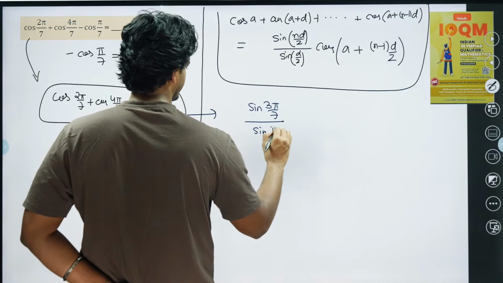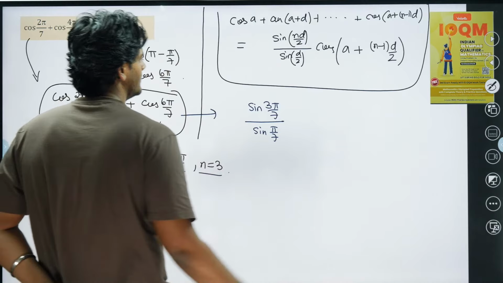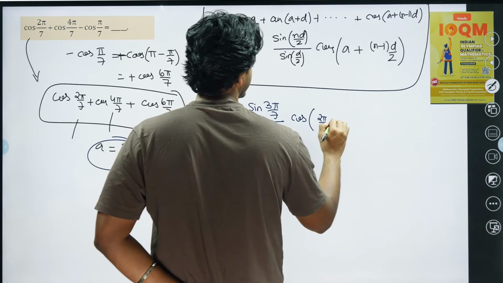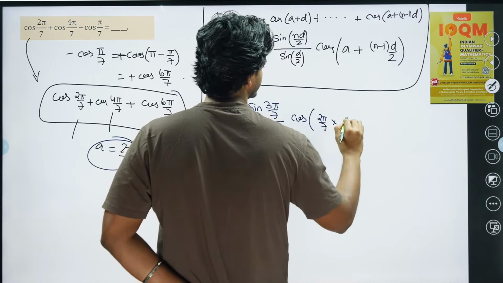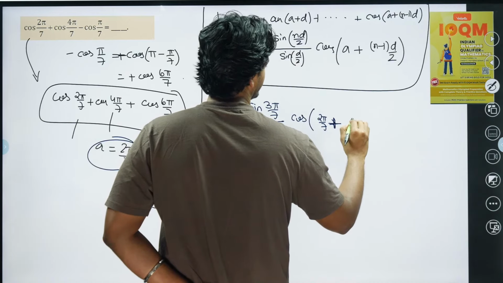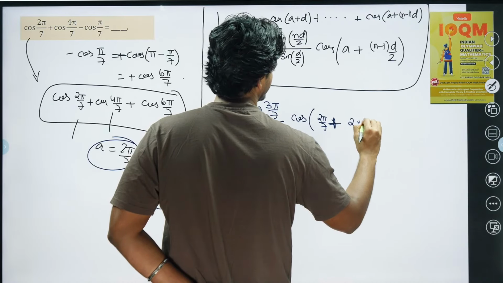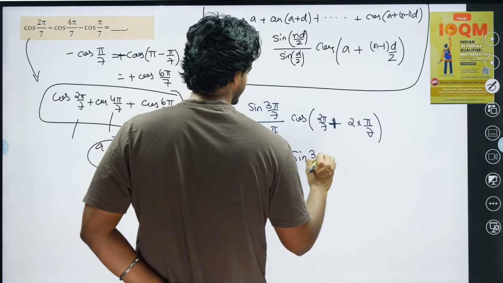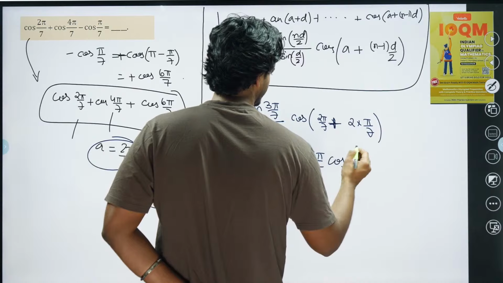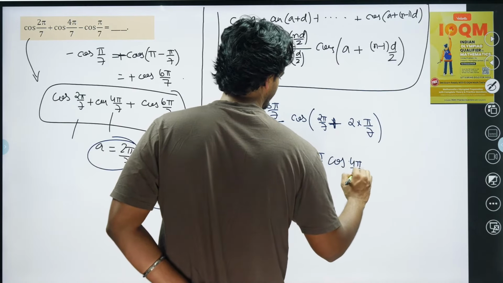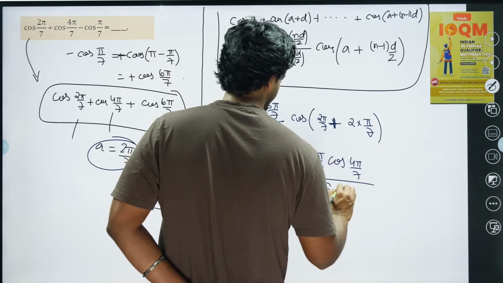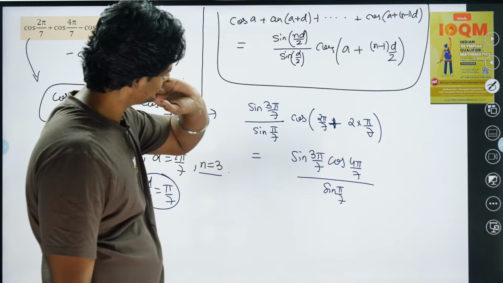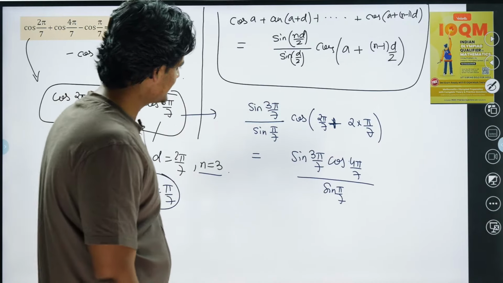Sine pi by 7 into cos 2 pi by 7 plus n minus 1 times d by 2, which is 2 times pi by 7. So we have sine 3 pi by 7 cos 4 pi by 7 by sine pi by 7. What is that? Can we simplify that? That's easy.